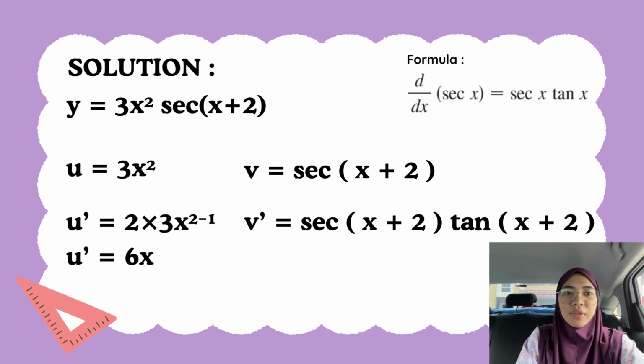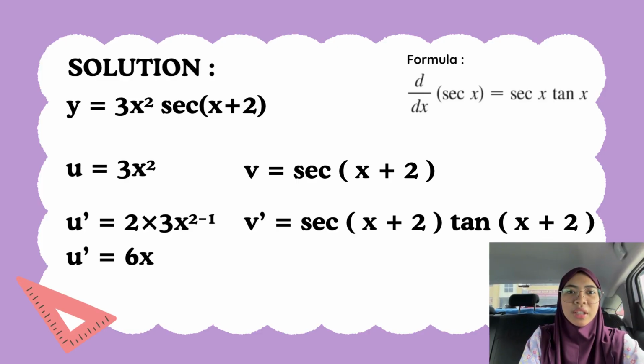Now, let's find the derivative of each part. First, we differentiate u equals 3x squared and we get 6x. Next, we differentiate v equals sec x plus 2. Since it involves a function inside another function, we apply the chain rule, using the given formula.